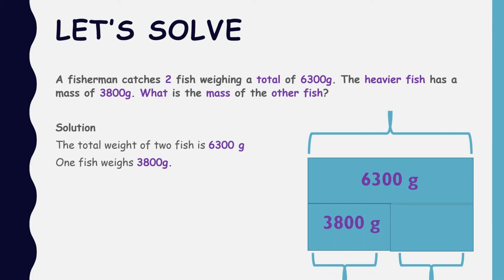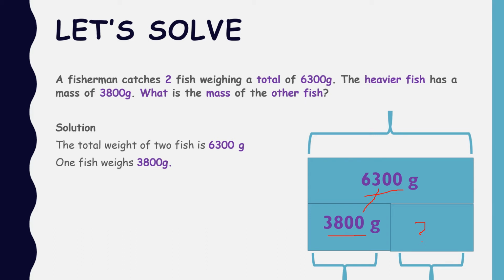Now just by looking at the bar model, can you guess what the problem wants us to do? We know the total, we know one value, and we need to find out this value. So just by looking at this model, we can see that we will have to subtract in order to find the missing number.